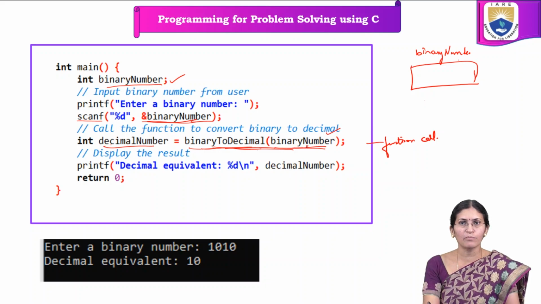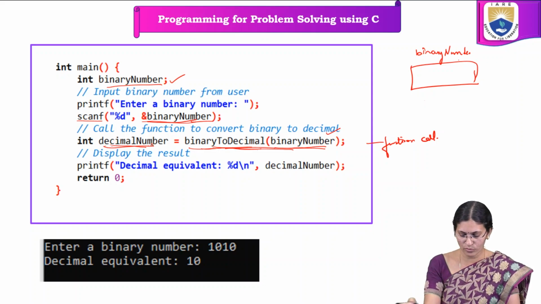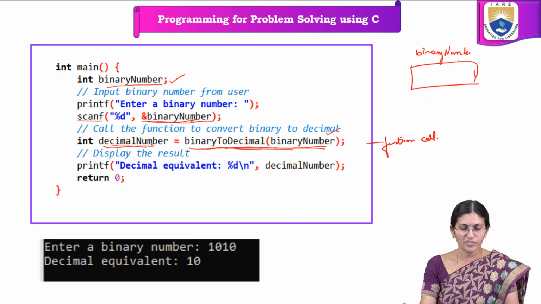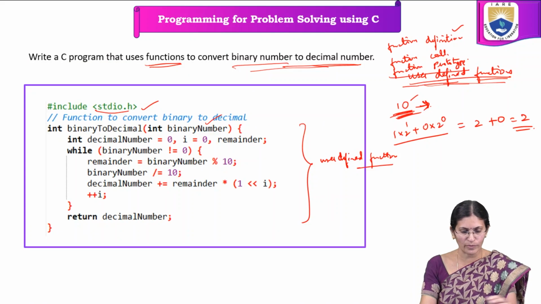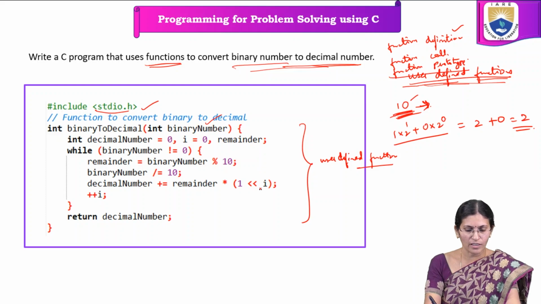And since the return type of this function is integer, we have declared one integer variable, decimal number, to store the value returned by this function. Whenever the compiler sees this function call statement, control is automatically transferred to the function definition, where the function statements are executed.